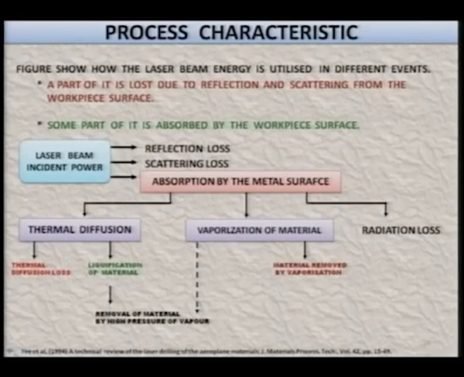As you can see here, thermal diffusion loss is there, and then part of this is utilized for melting the workpiece material, and this molten material is removed by the high pressure of vapor created in the groove, cavity or feature being produced. Part of the absorbed heat is utilized for vaporization of the molten material.